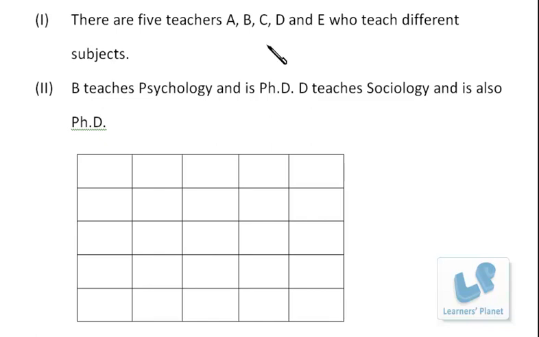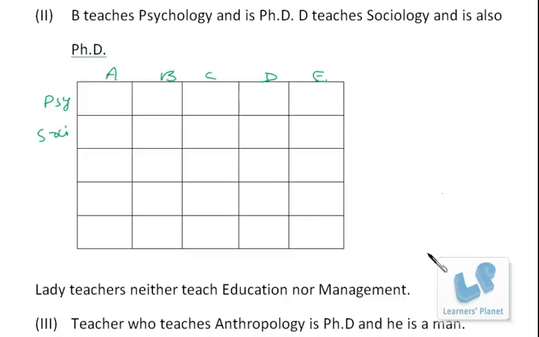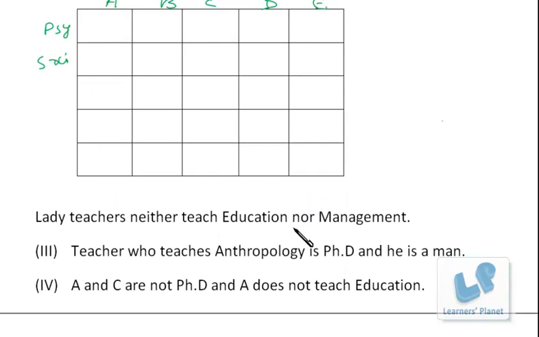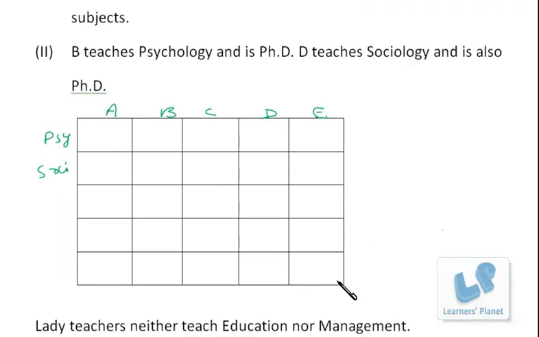There are 5 teachers A, B, C, D and E. I just write A, B, C, D and E. Now they teach 5 subjects. I write the 5 subjects over here. That is psychology, then sociology, then education, management and anthropology, right?